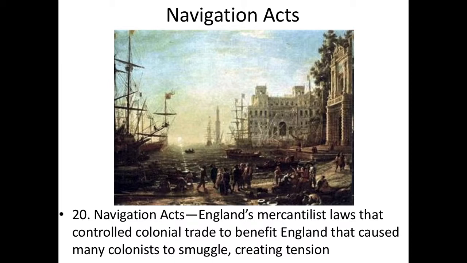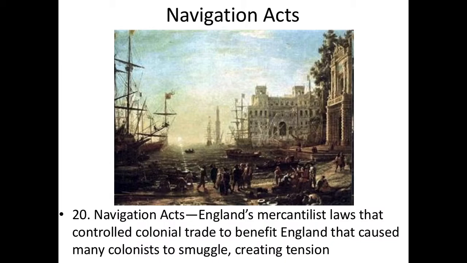And so, they're going to tighten this trade up, and they're basically going to tell the colonies that they can only trade with England. And so, the colonists are not going to like this, and what a lot of them are going to do is smuggle. Smuggle is just a way to say illegally trade. So, they would still trade with the other countries that I just talked about, but they'd have to do it illegally.